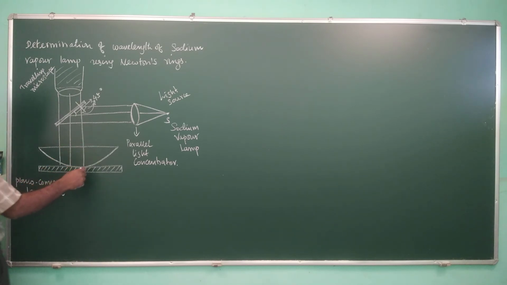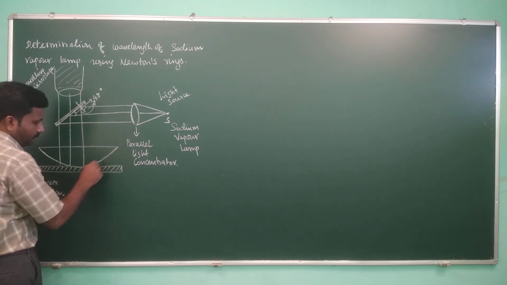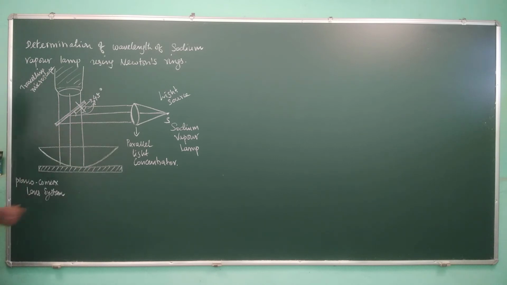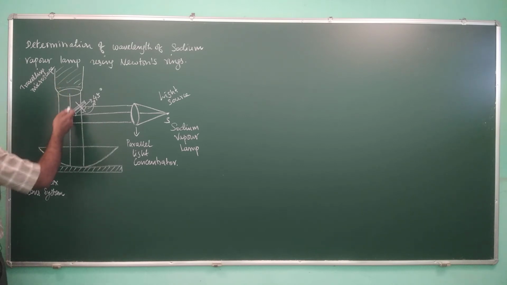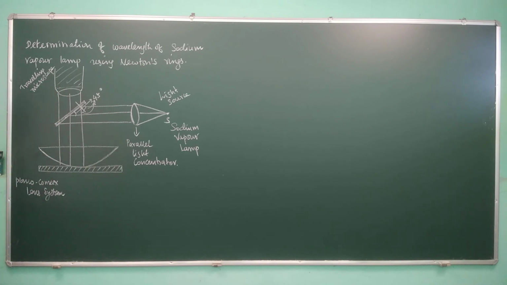After getting reflected at 2 points, the convex surface and the plane surface, the reflected light ray travels again along the direction of the incoming light ray, and it passes through the lens system, and it is observed in the traveling microscope.